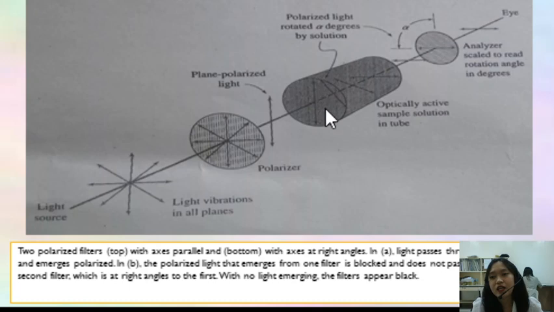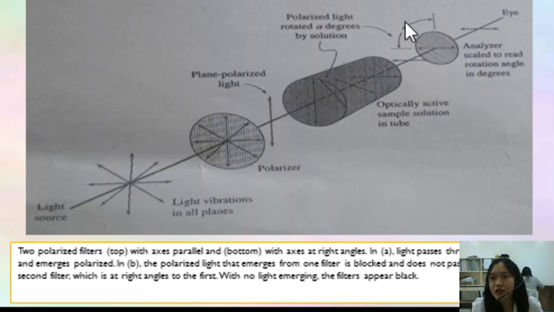So, after nyan, kapag the plane polarized light passes through your optically active solution, ilan ang degree ng kanyang rotation? 90 degrees, tama? Because from vertical, it was rotated into a horizontal line. Kuha? So, yung degree ng rotation, that is the one that is measured by your calibrated scale.